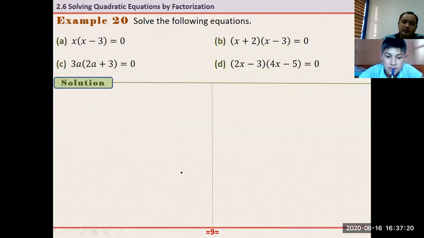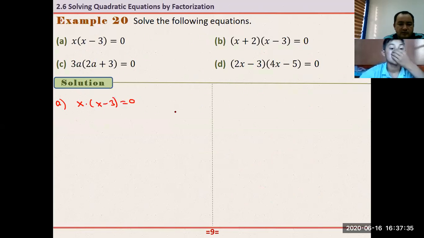Okay. Example. Let's see a few examples. These are very simple examples. Here we have x times x minus 3. It's already factorized, right? X times x minus 3 is equal to 0. Solve this equation using the fact either x should be equal to 0 or x minus 3 should be equal to 0.